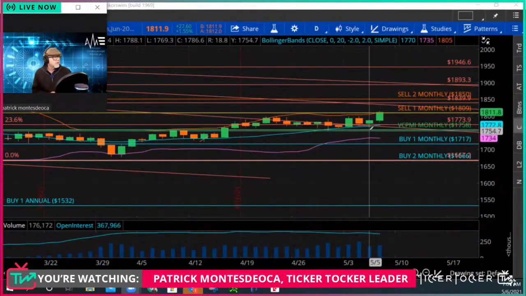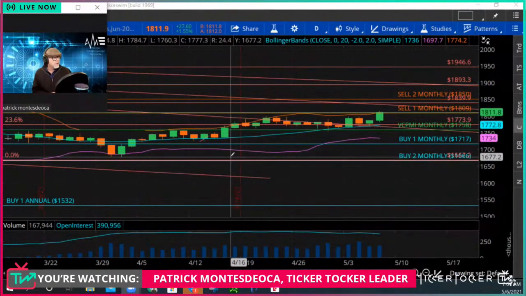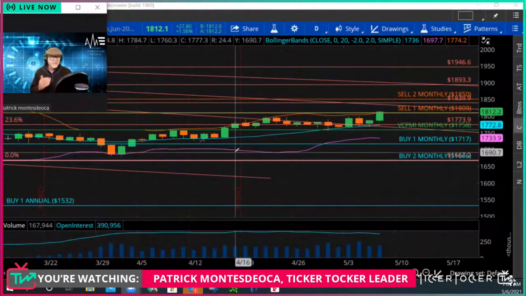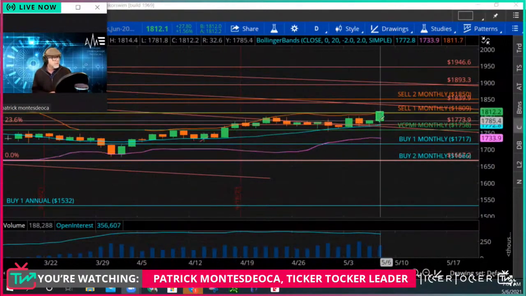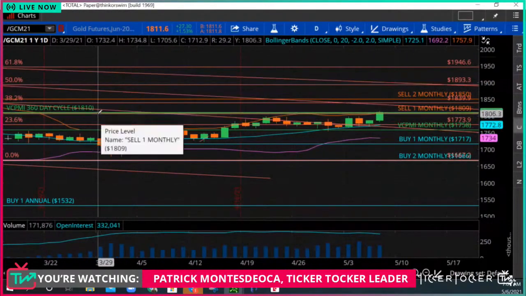So 1809 was not only the key level here on the monthly buy triggers that you see here, but it incorporated the targets of the monthly sell one level at 1809, and of course the 1810 average.